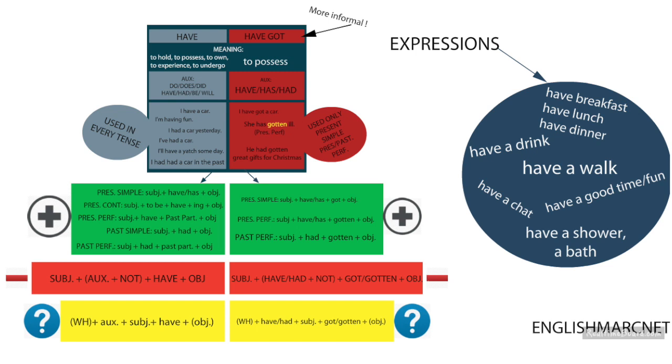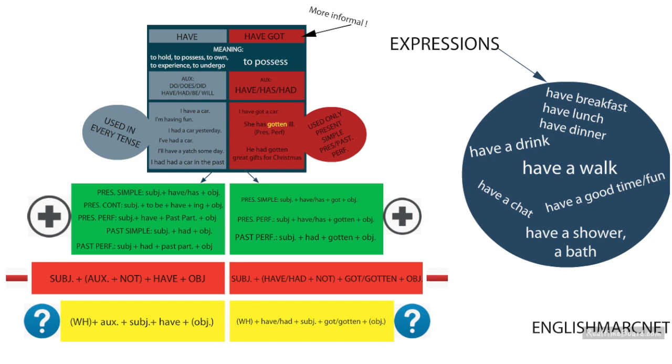For the interrogative, again, for the question, with have got, the formula is WH question word, who, how, where, when, plus have or had, depending on the tense you want to give, plus got or gotten again, plus object, if any.